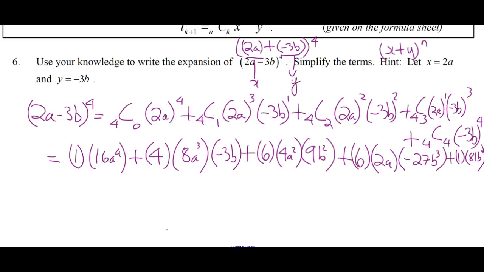Okay, and now we can actually write out the whole thing. So it's 16a to the 4th minus, okay, 32 times 3 is 96a cubed b, plus 24 times 9, 180 and 36, 216, plus 216a squared b squared, minus.